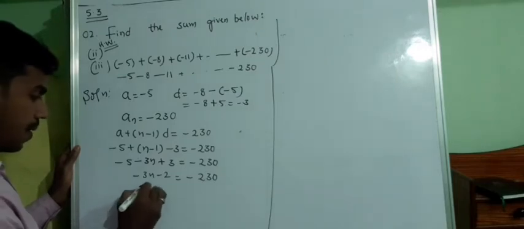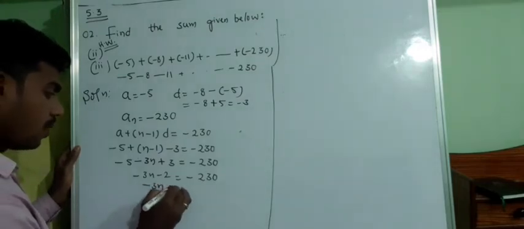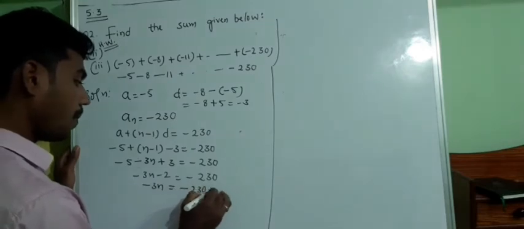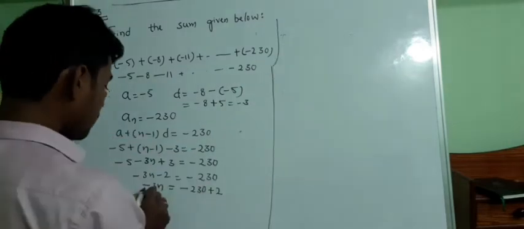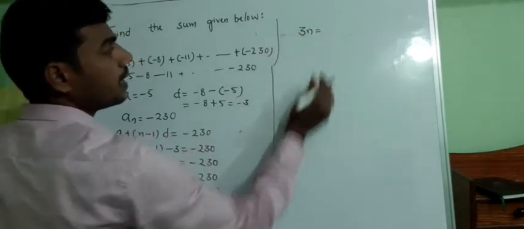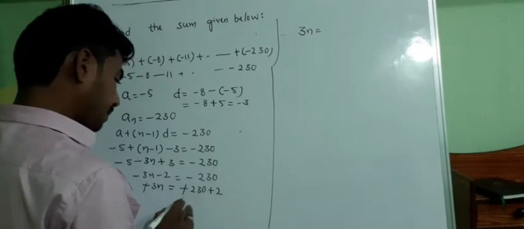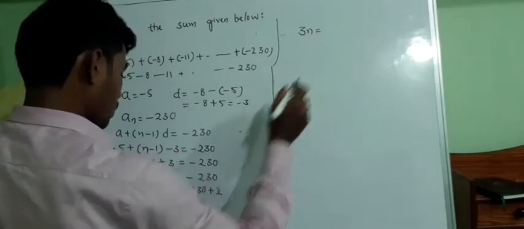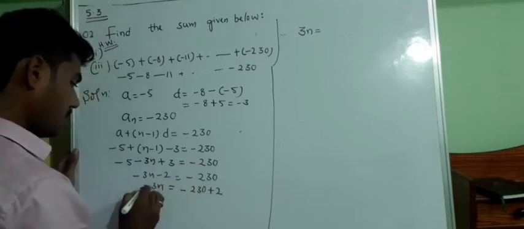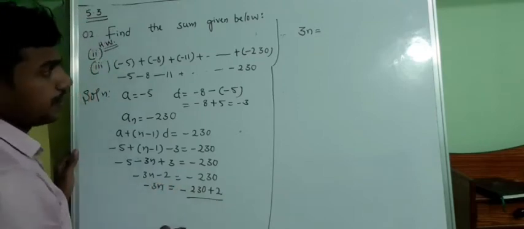So next, minus 3n is equal to minus 230 plus 2. Directly I cannot cancel the minus because two terms are there.